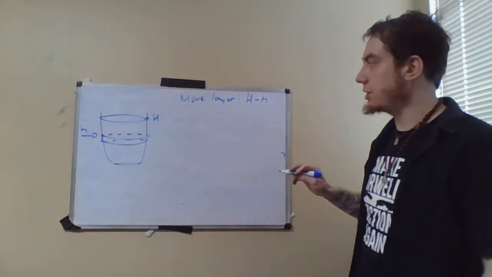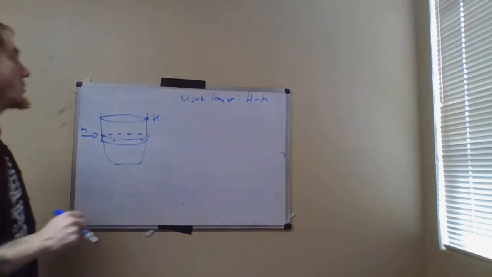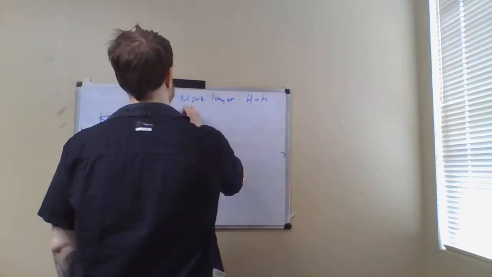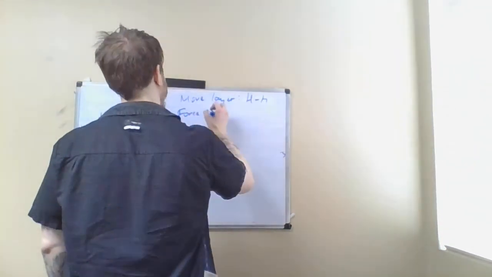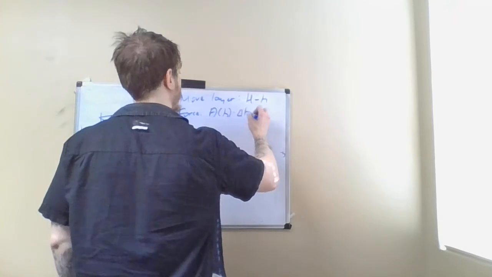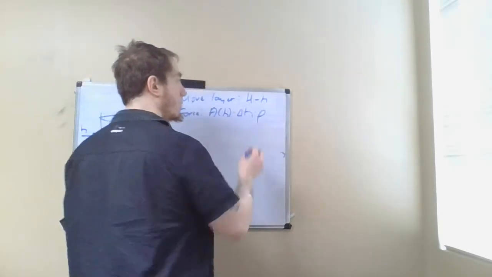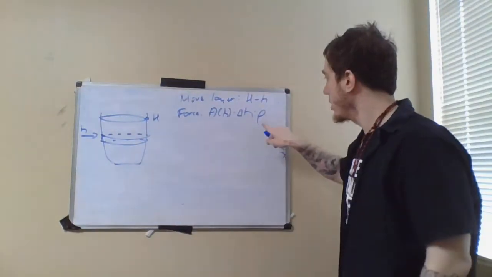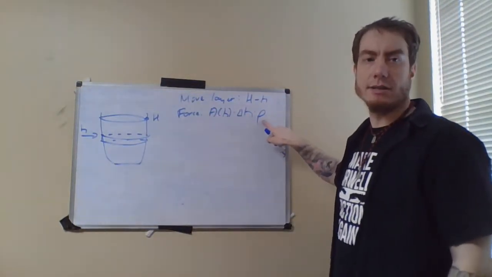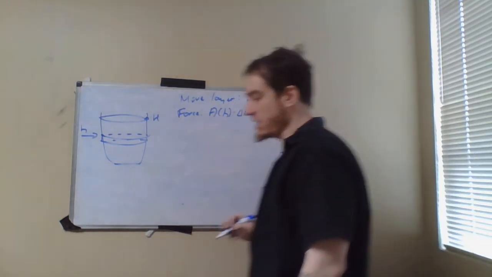And then there's the question of, what is the actual force that we need to move this thing? Well, that is going to be the area of h times delta h times the density, which we write with this Greek letter rho. Rho sort of looks like a p. Times the force of gravity.